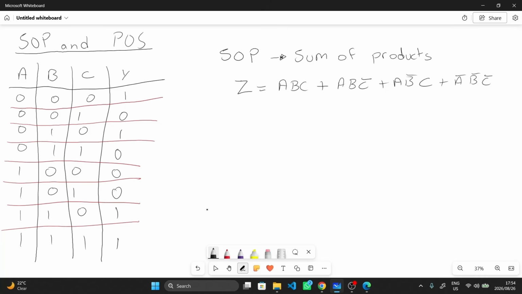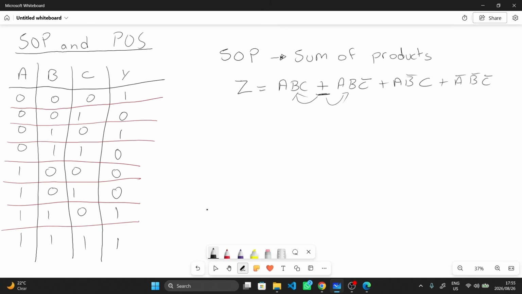So this is sum of products. You're adding multiplications, you're adding products, so that's why we call it sum of products. And most of the time we work with sum of products.